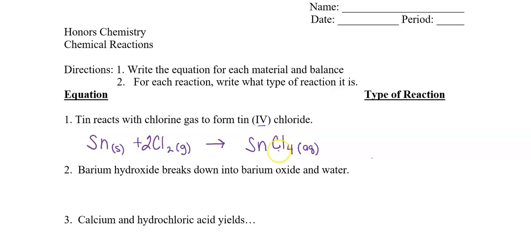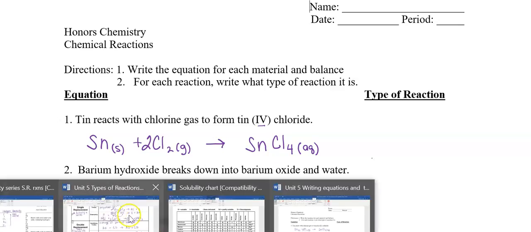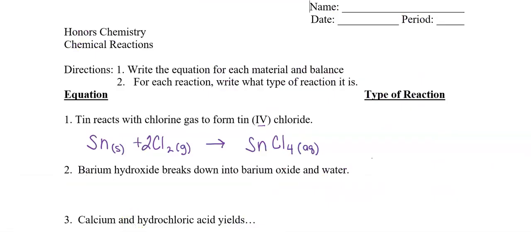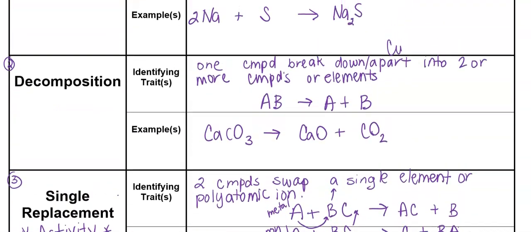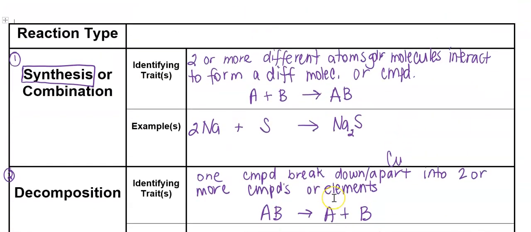From the type of reaction, we can go back to our notes. Sorry, let me go back to the notes we had earlier this week, and we can see if we scroll up that this would be a synthesis reaction. It would be an example of tin, our first, and our second would be our chlorine gas coming together to form tin 4 chloride.